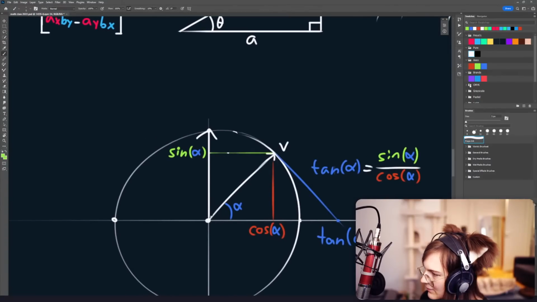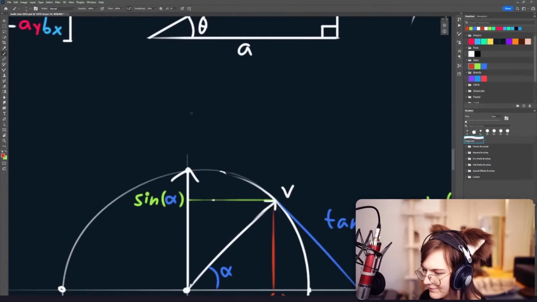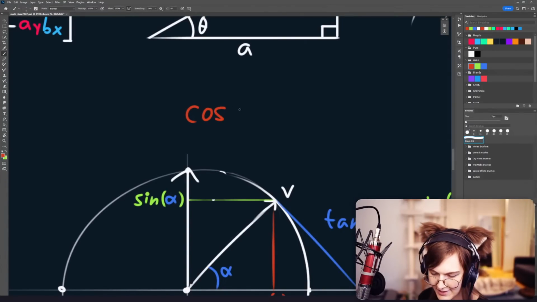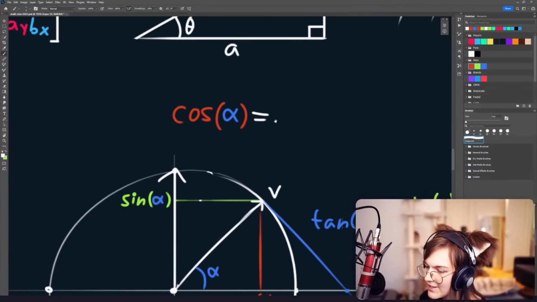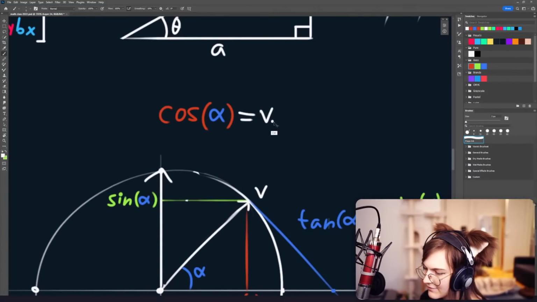All right, so let's say we want to do the opposite of this. So previously, when we were looking at the cosine function, we know that the cosine of our angle alpha gives us the x component of v, right? So v dot x, or v subscript x.